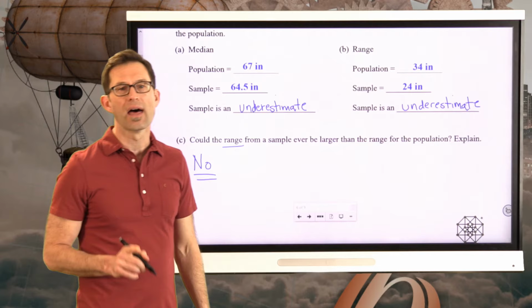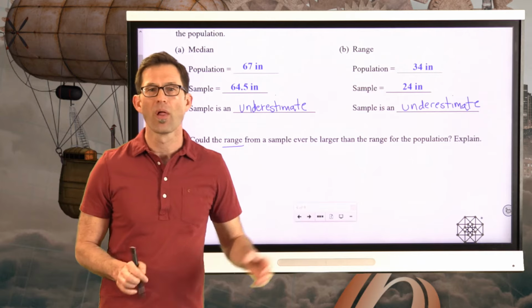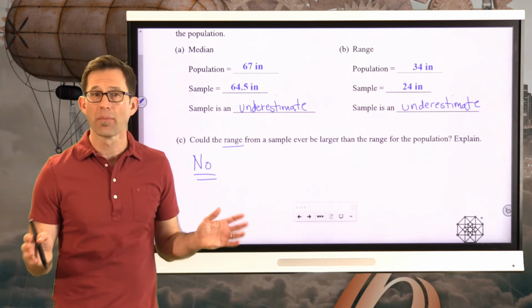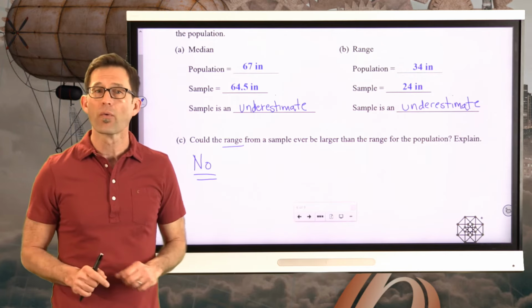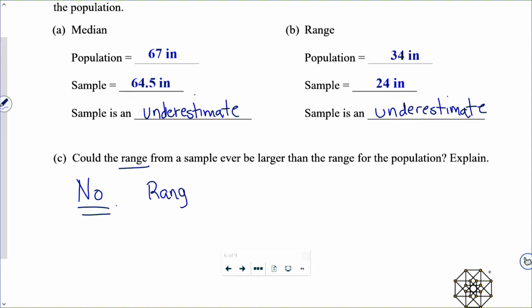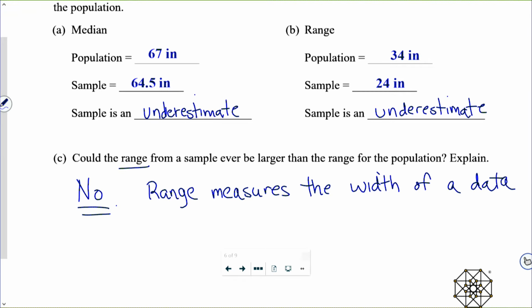Why is that? Why can't the range of a sample be larger than the range of the population? Well, think about what range is. Range measures the width of a data distribution.